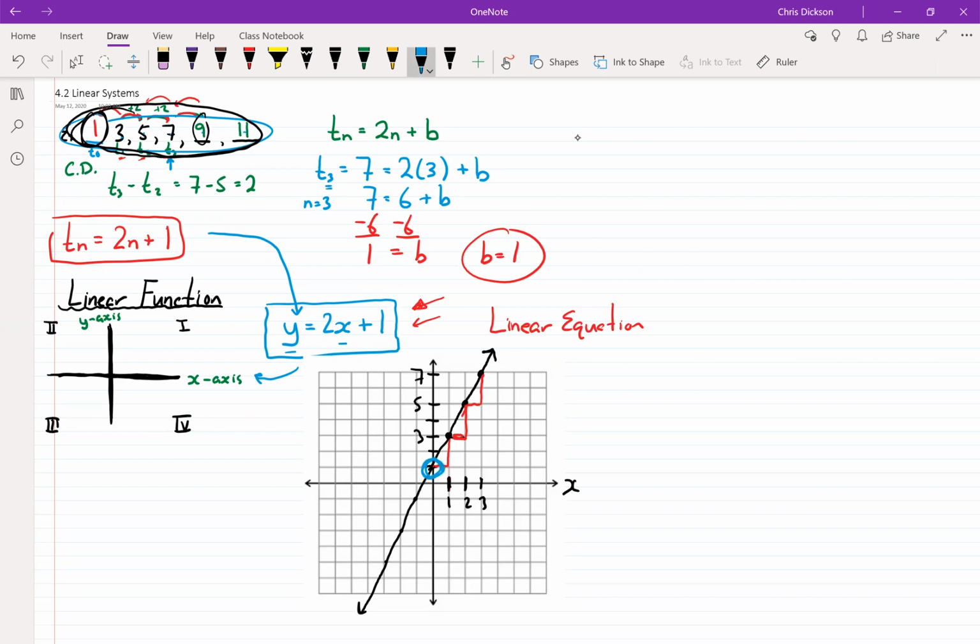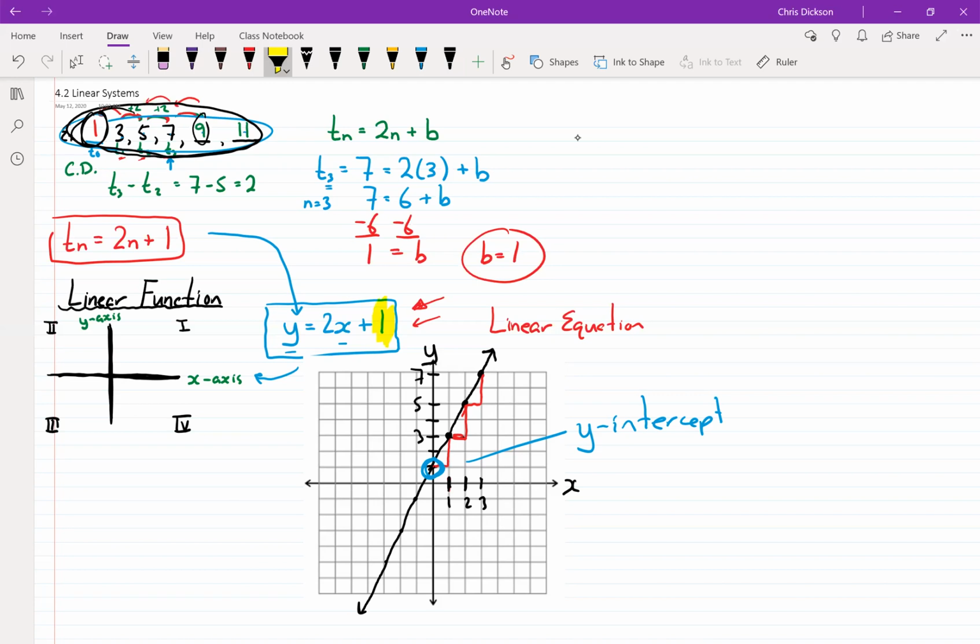That point we call the y-intercept. It's the place on the graph where the line goes through the y-axis. Remember we said the x-axis was horizontal and the y-axis is the vertical line. In our equation, this number here, that's 1.